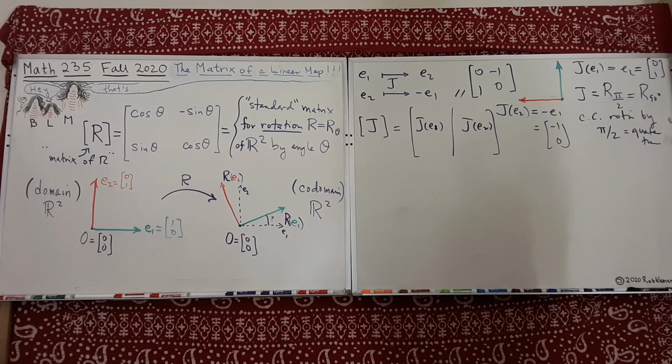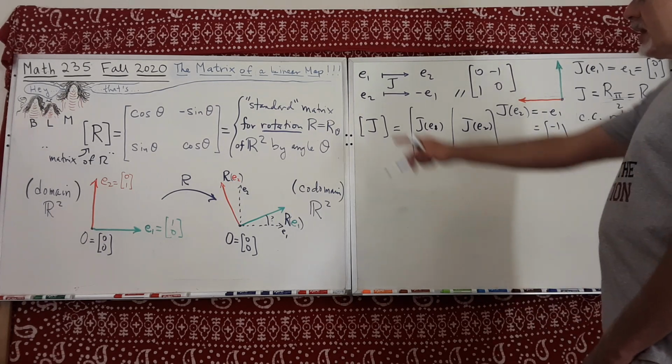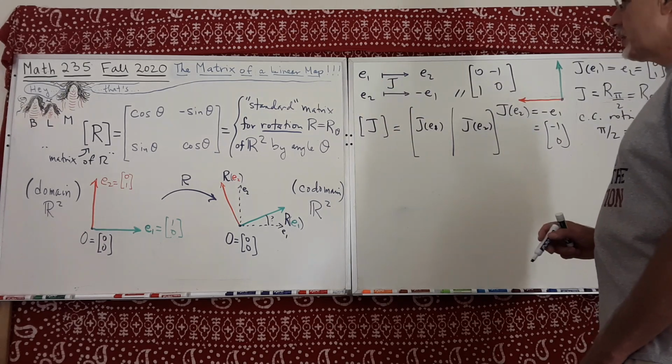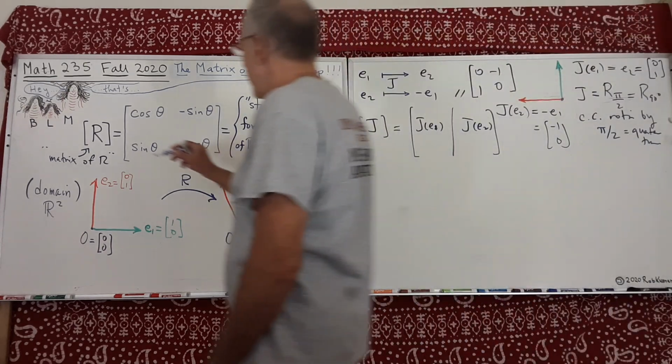Okay? So what's kind of interesting is, what does that say about this matrix here, the rotation by angle theta? Maybe I'll put the theta in that one.